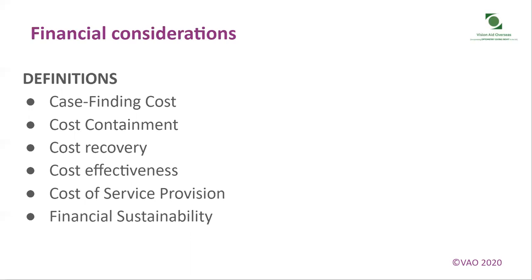Cost effectiveness means producing good results for the amount of money spent. Cost of service provision is the total cost of eye care for one patient, covering all the expenses of providing the service. And financial sustainability means that income generated covers or exceeds costs over the long term.